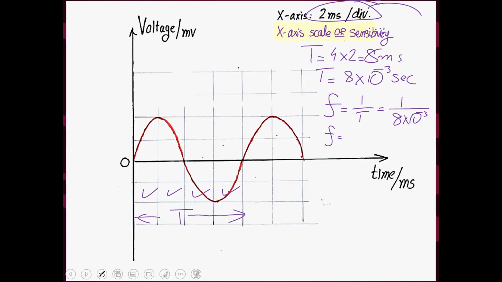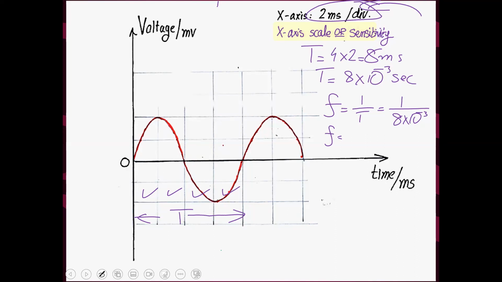And then look at the scale for the x-axis. It is 2 millisecond per division. Division means box. So multiply by 2.